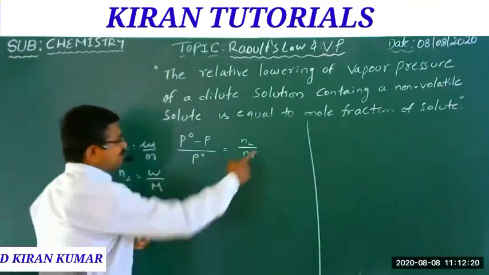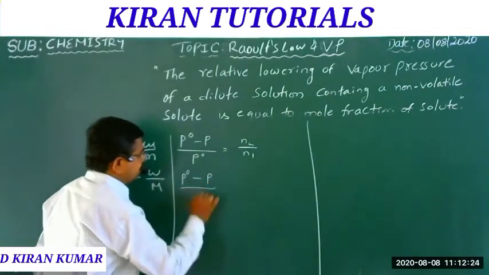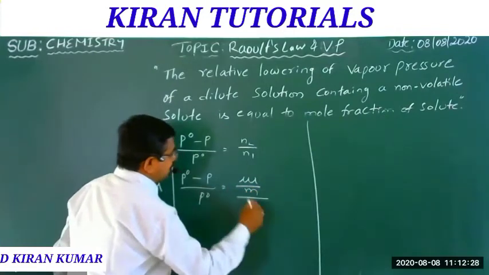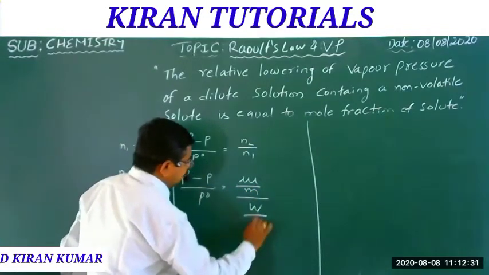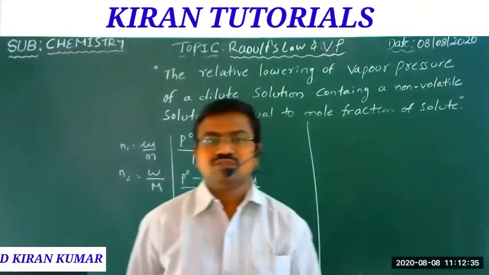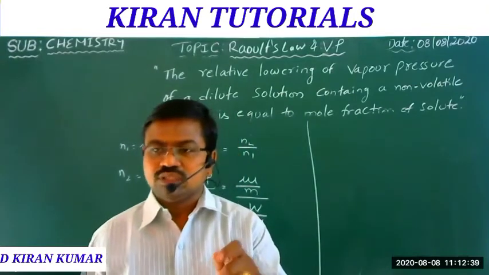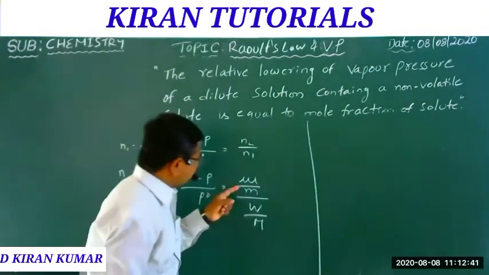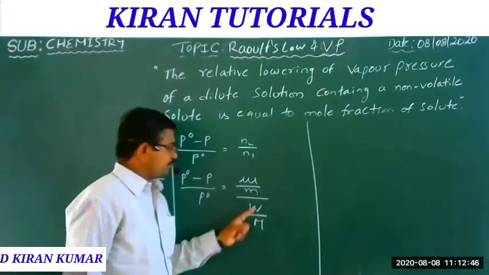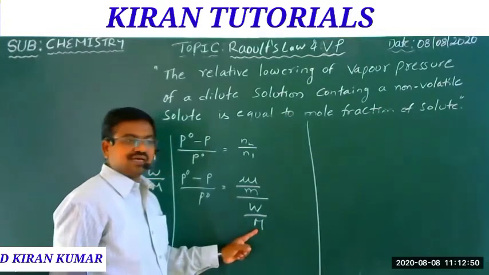If you substitute this value, P naught minus P by P naught equals weight of the solute by molecular weight of the solute, divided by weight of the solvent by molecular weight of the solvent.